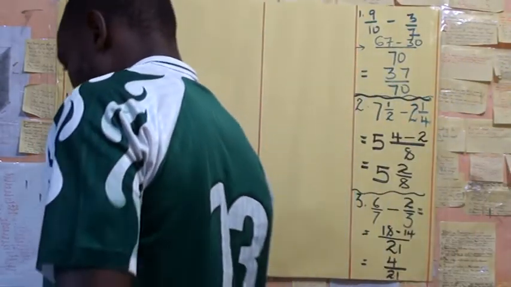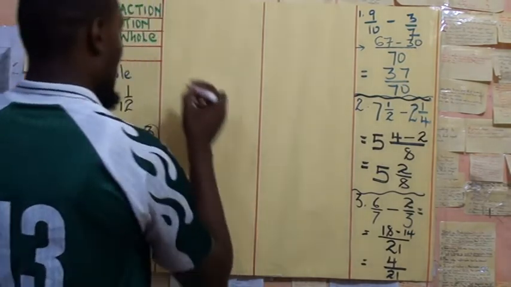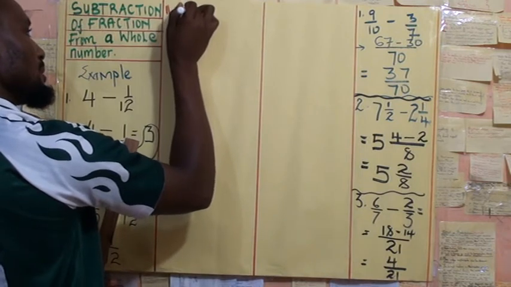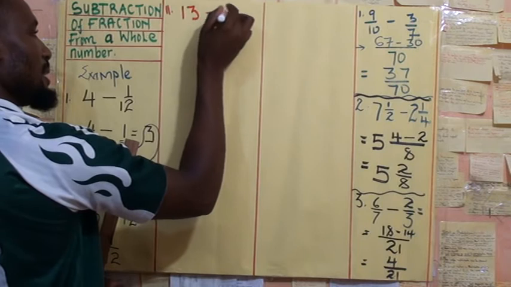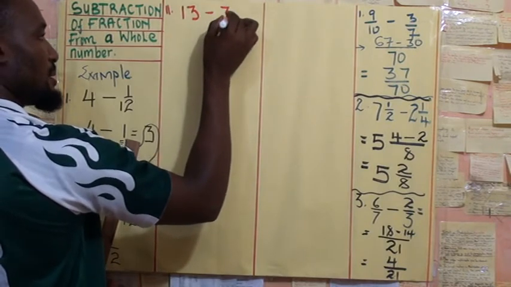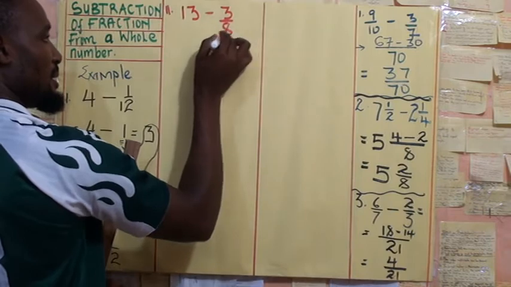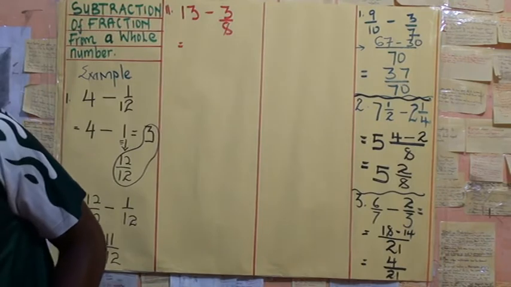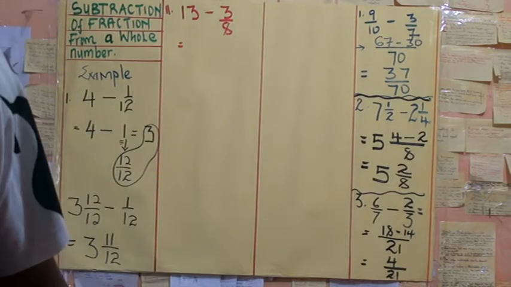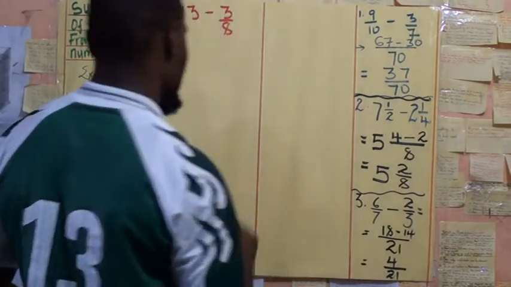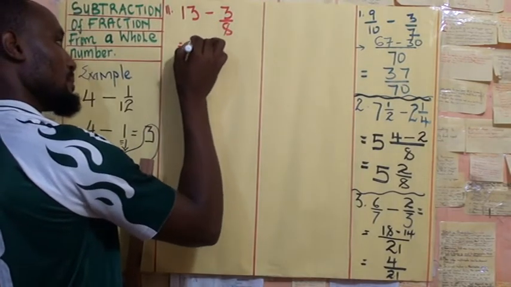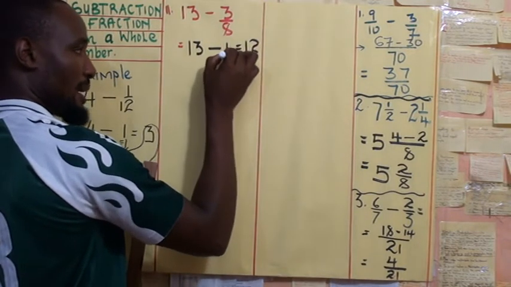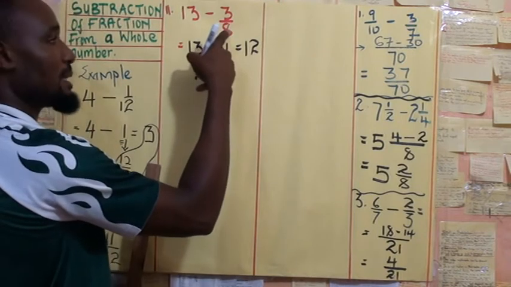Another example can be this one. Example number 2. Let's say 13 minus 3 over 8. So 13 minus 3 over 8, you are going to take 13 minus 1, you'll get 12. Make 1 a fraction of the denominator. What is the denominator? 8.